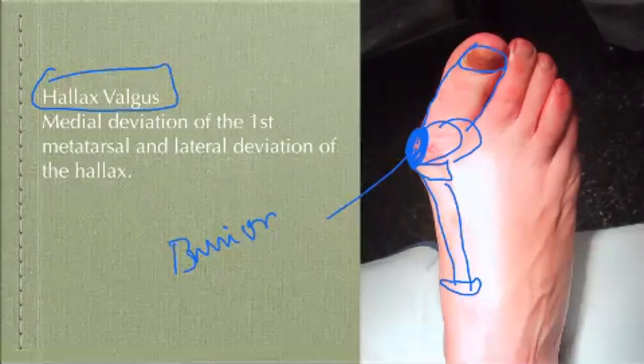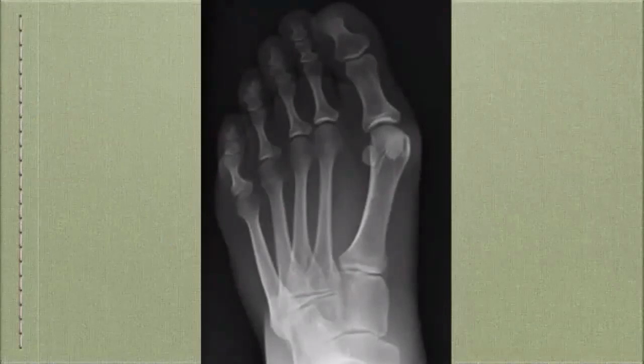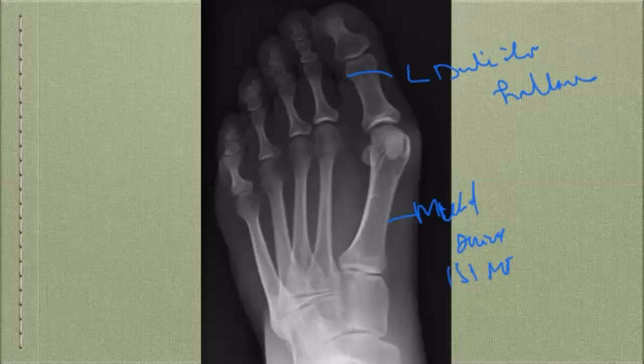This is a very painful condition. It will appear on X-ray like this. Medial deviation of the first metatarsal, and this one is lateral deviation of the hallux, right? With that we have completed that.